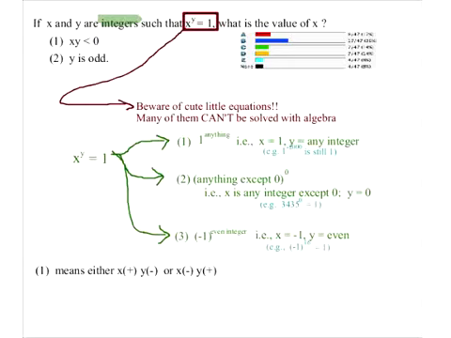So that rules out case 2 here, but case 1 works. This works with case 3, as long as the even integer is positive. This works with case 1 as long as the exponent is negative.